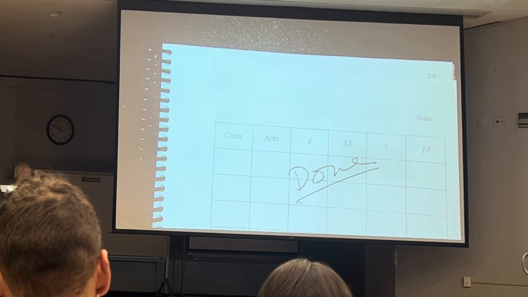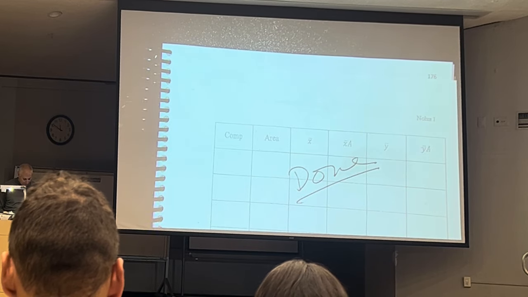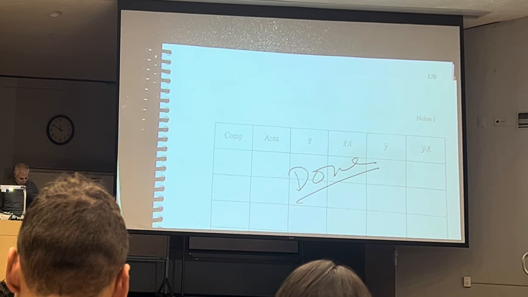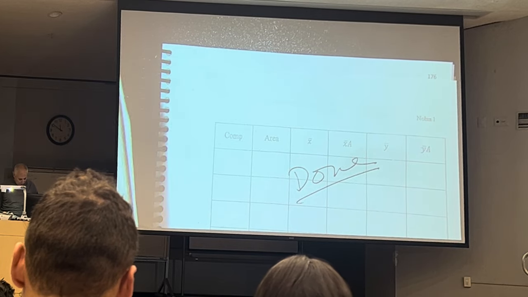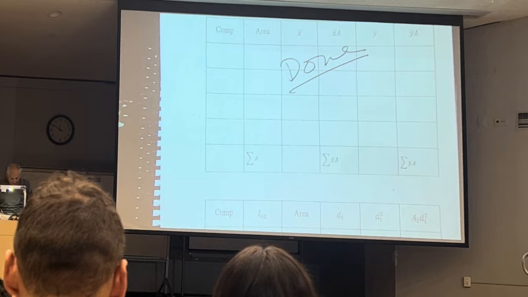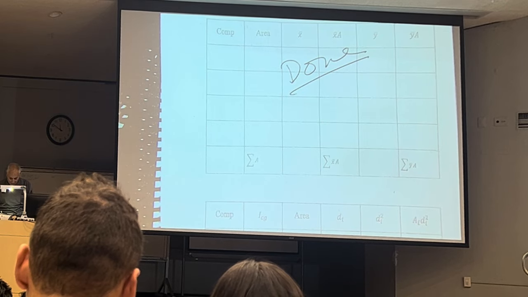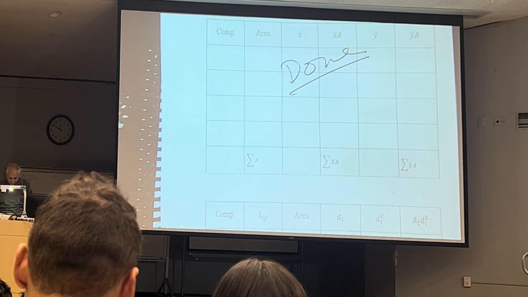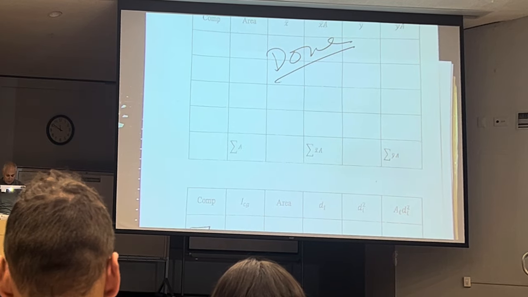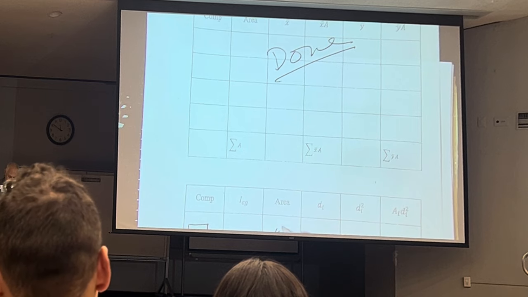Now my y's. The shapes are still the same: rectangle, triangle, quarter circle.